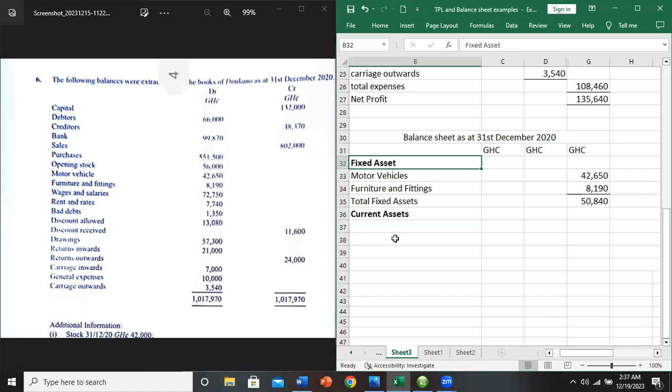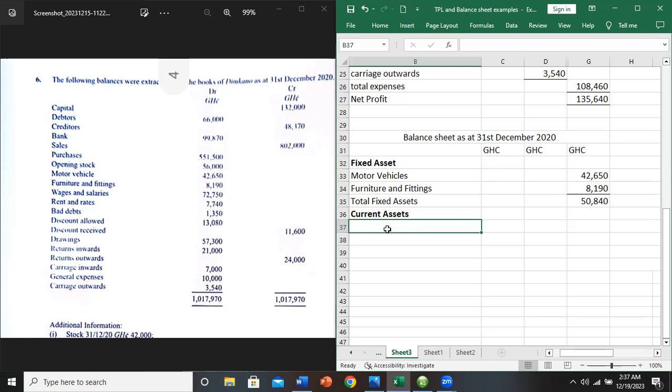Here again, my beautiful ladies are going to do that for me. So current assets. Ladies, what do you see as current assets in this question? I'll start from the Roman, is it Roman sister or Reverend sister? Reverend Sister Benedicta Oforiwa. Debtors. Okay, so we have the debtors in here. Thank you very much.